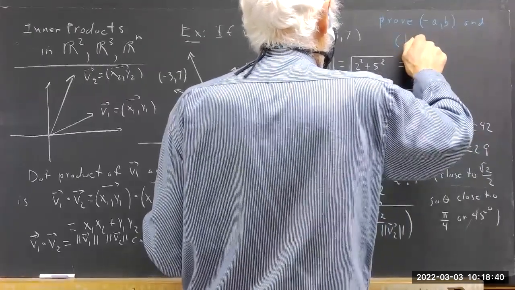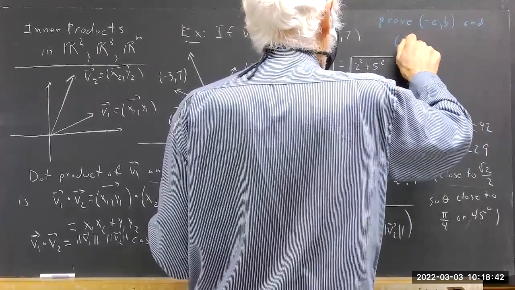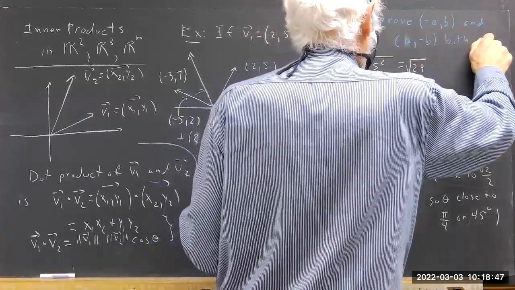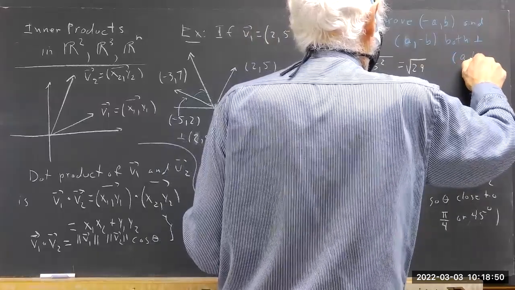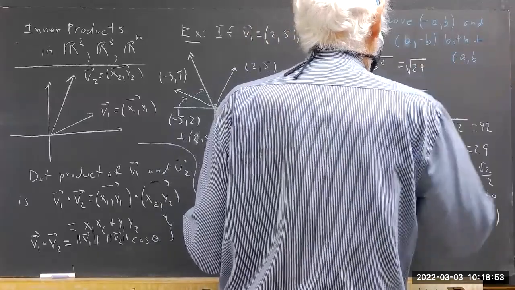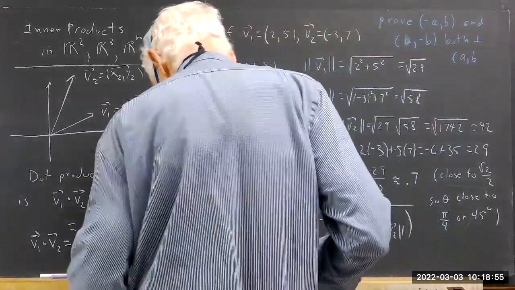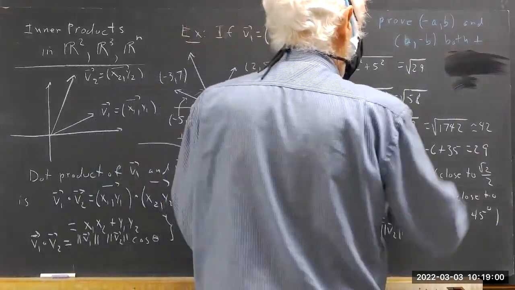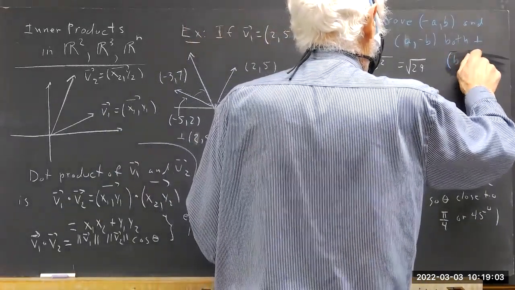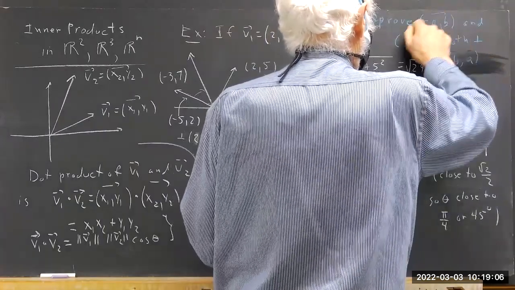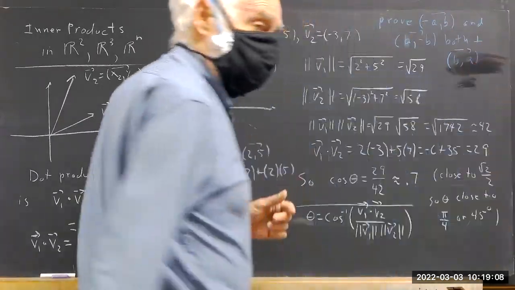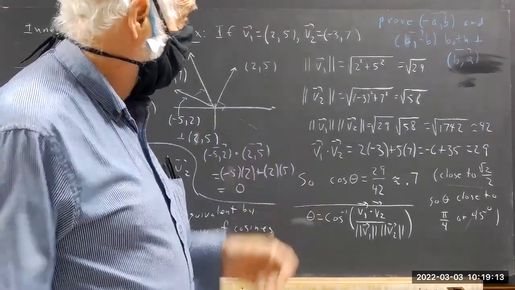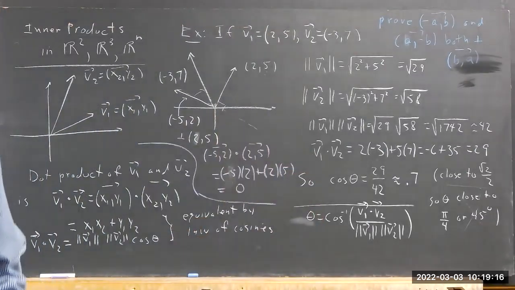In symbols, if I can write it down over here, it would be: both this and this are perpendicular to DA, right? Okay. How do you prove that? Try to prove that for me.